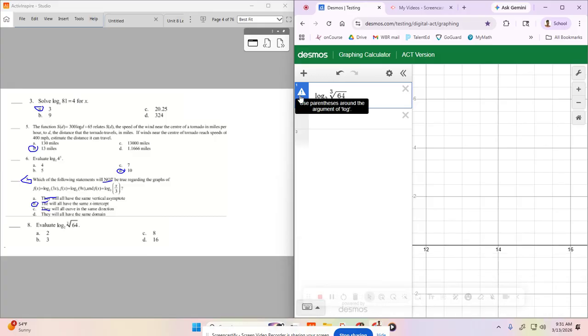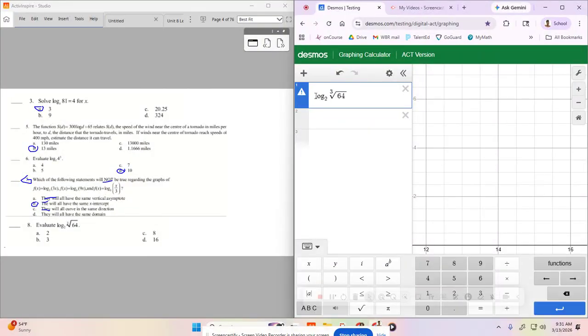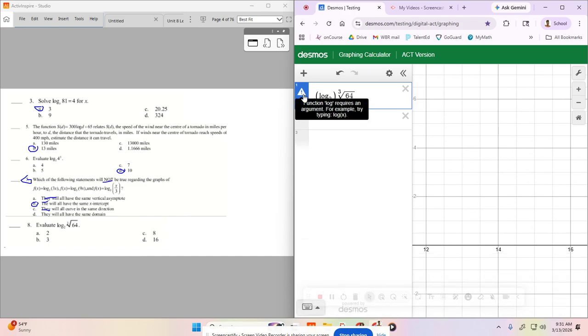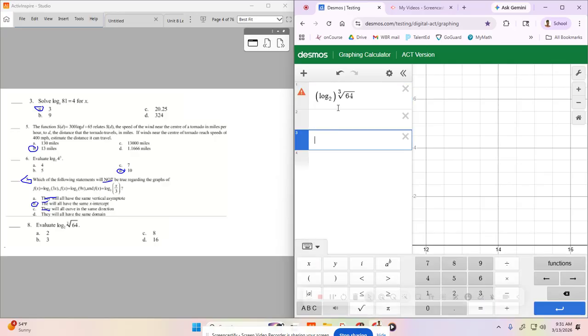What's this telling me? Use parentheses around the log. Let me try that and see what it says. Type it in just as I see it. I don't understand what the problem is.